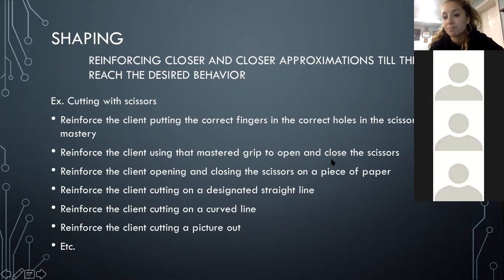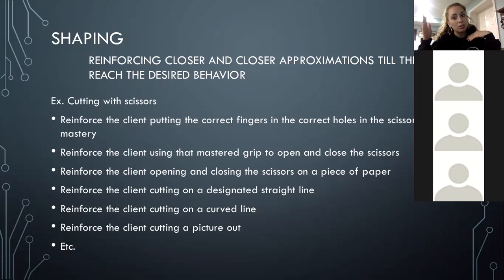So in this example, I used cutting scissors. So maybe when they very first start ABA, they don't even know which holes their fingers go in. So our very first step has to be teaching the client which fingers go in which holes in the scissors, okay? And my end goal in mind is they can cut out a picture on a piece of paper, right?